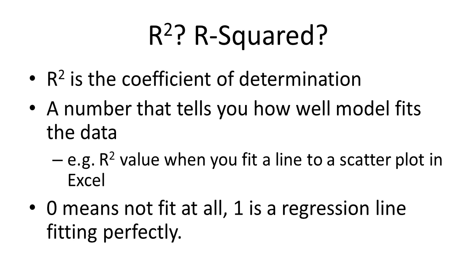So how does the r squared relate to r correlation? r squared is the coefficient of determination, and it's a number that basically tells you how well the model fits the data, or how well the line fits all the data points that you have. So basically r squared is that value that goes along with a line fit on some scatter plot in Excel. 0 means that it doesn't fit at all, and 1 is a regression line fitting perfectly. So obviously the closer to 1 it is, the better that is for you.